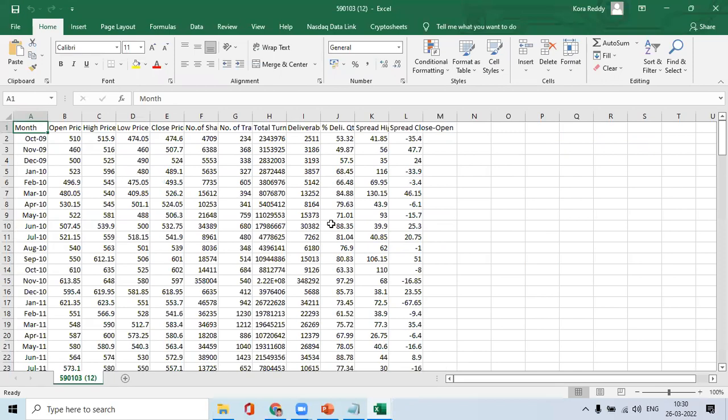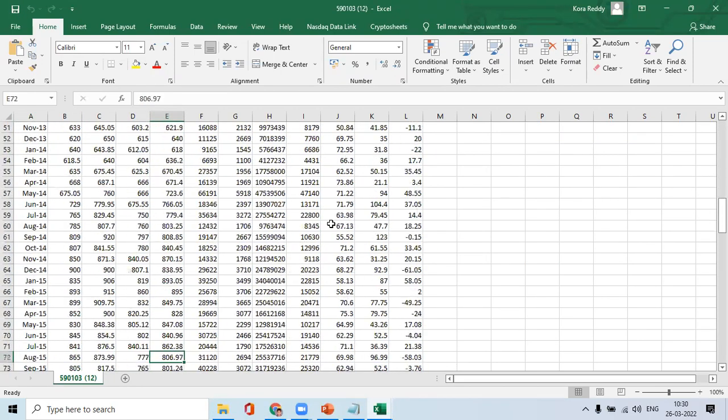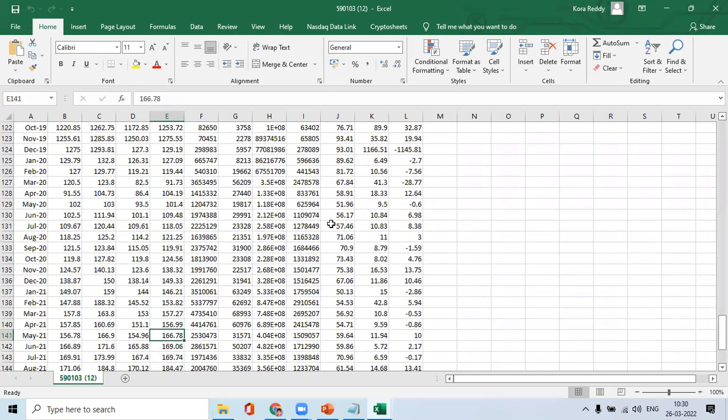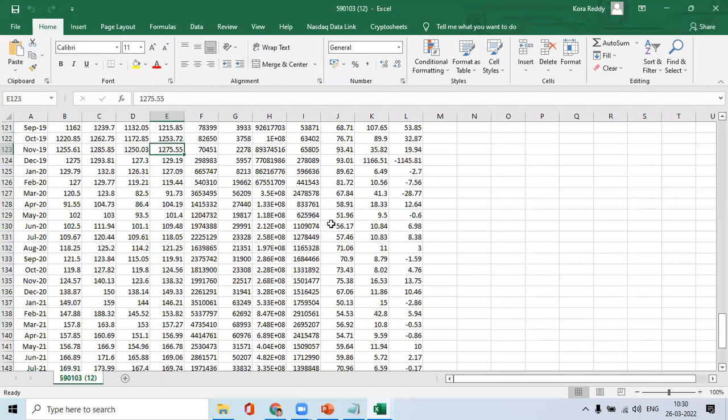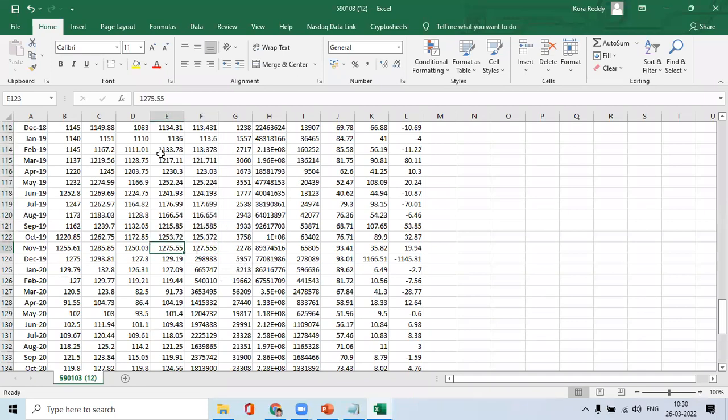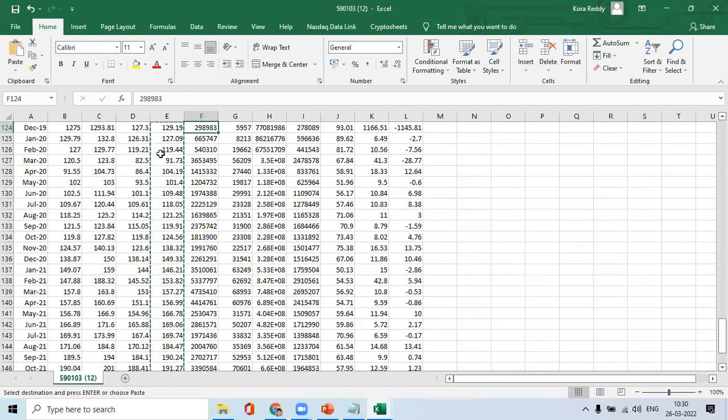And the usual stuff, if there is any split. Right? So here there's a split. So we will do this by 10. And this as it is.